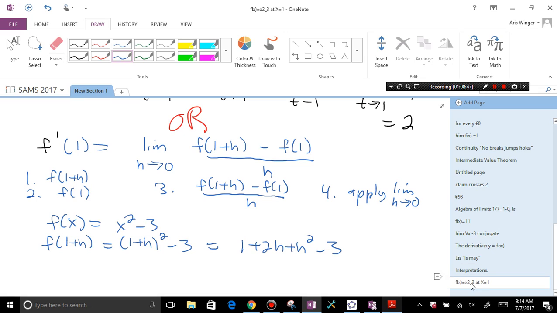You always plug the t into the original. That's correct. Thank you for your question. H squared plus 2h minus 2, right? That's f of 1 plus h. F of 1 never changed. Is that negative 2? Yeah.